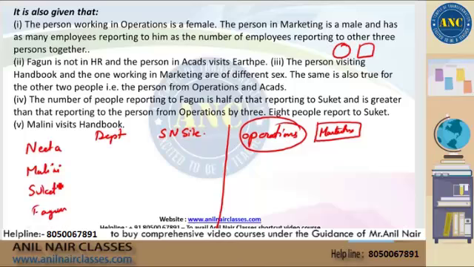They say the person in marketing is a male and has as many employees reporting to him as the number of employees reporting to the other three.